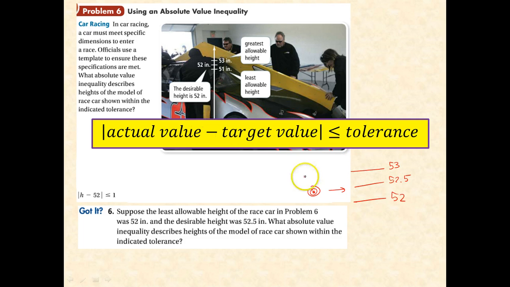We're going to do actual value, which is the height of the car. So the absolute value of h minus the target value, 52.5, has to be less than or equal to the tolerance. And the tolerance here is only a half an inch, so 0.5.